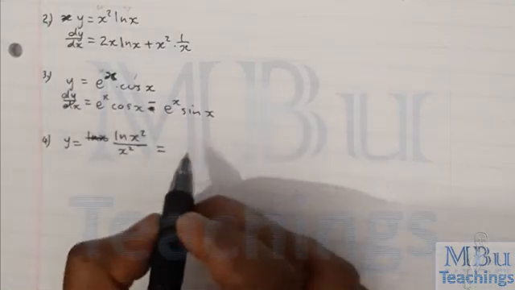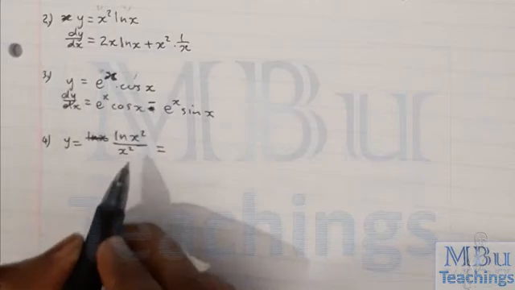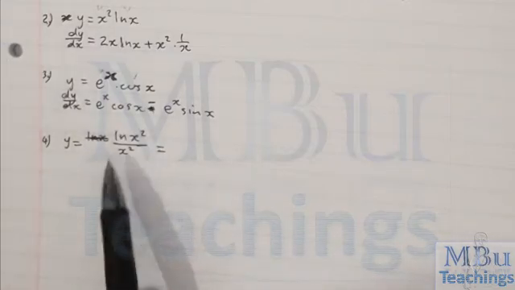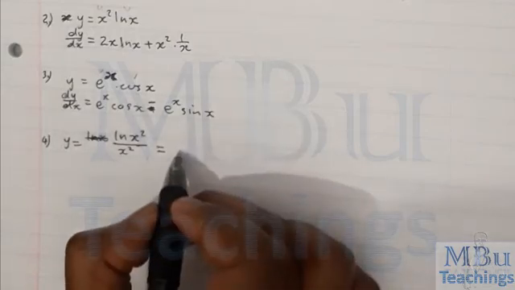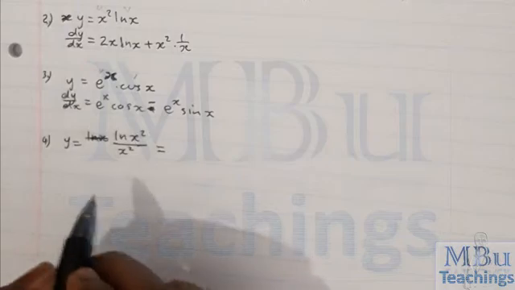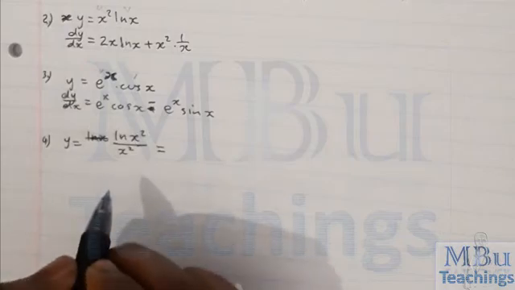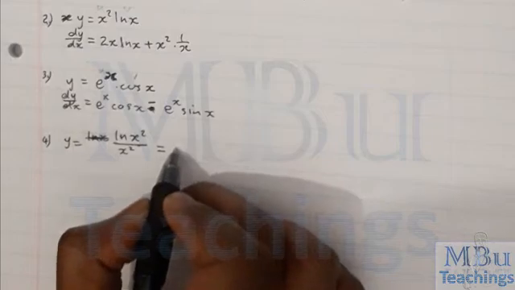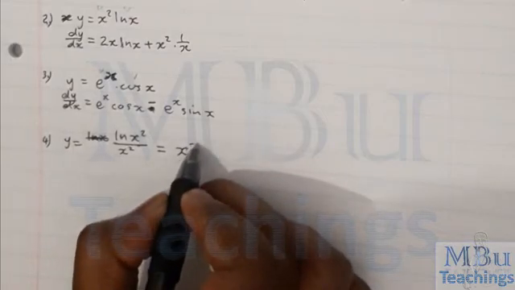So let's first rewrite it. When we rewrite it, we know that for us to apply product rule, we must not have a denominator. That means our x, especially x, should not be our denominator. We can have a denominator if it's not x. So x must not be the denominator. So in other words, we'll have x to the power minus 2.